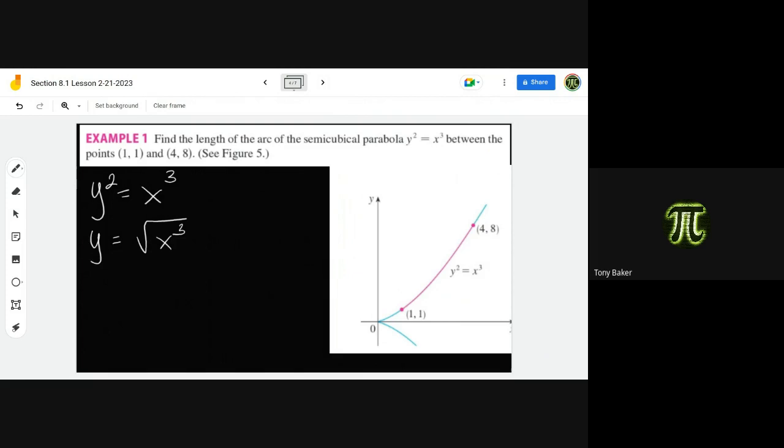Will there ever be a case where we have to go for two segments, like a positive and a negative, and you have to do them separately? You split it. Yeah. So let's say we wanted to do this from (1, -1) to (1, 1). That would have given us this part right here.